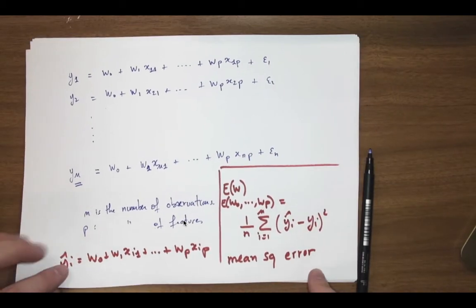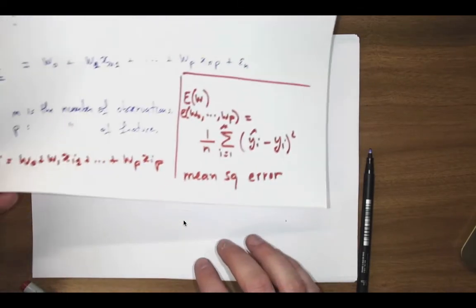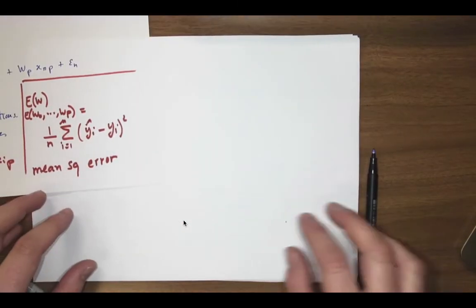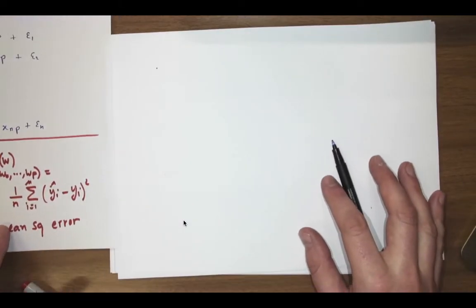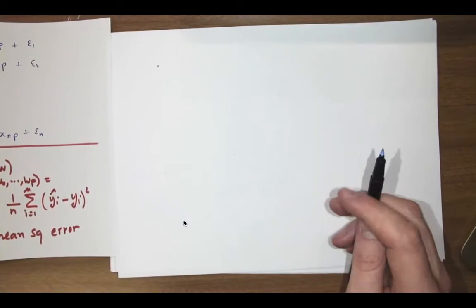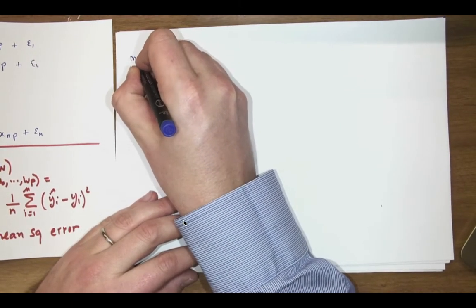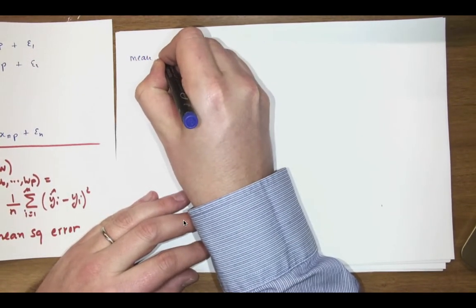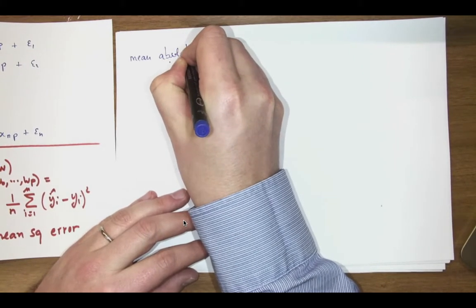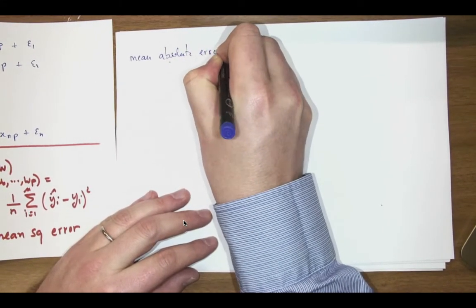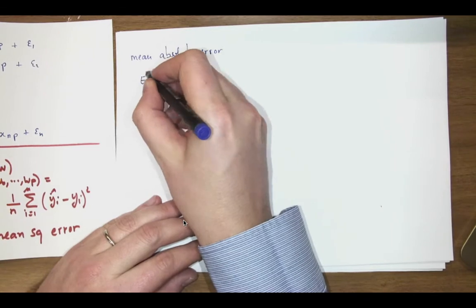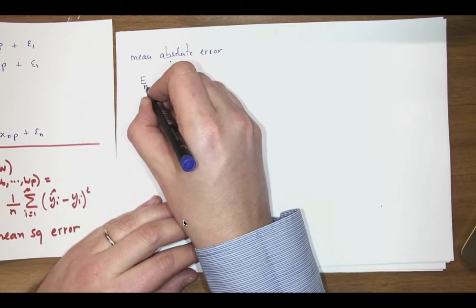It's important to realize that there's plenty of different choices for error functions you could have applied. We could, for instance, have used the mean absolute error. It's called the MAD actually.